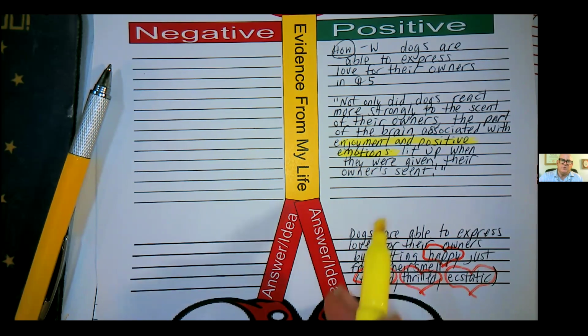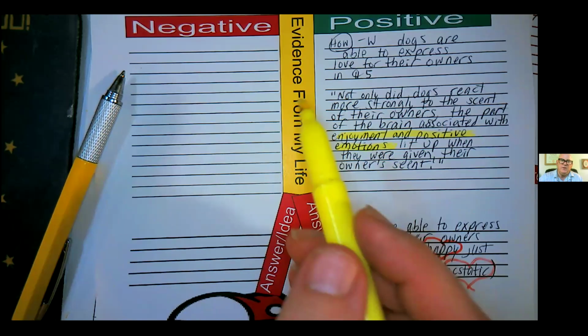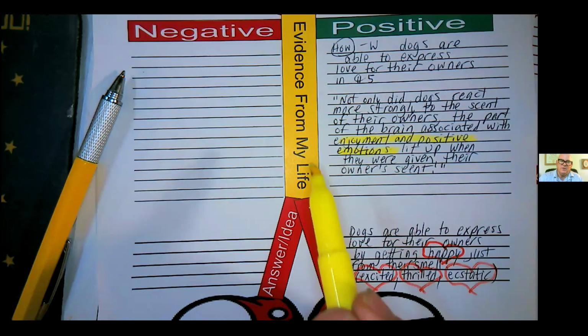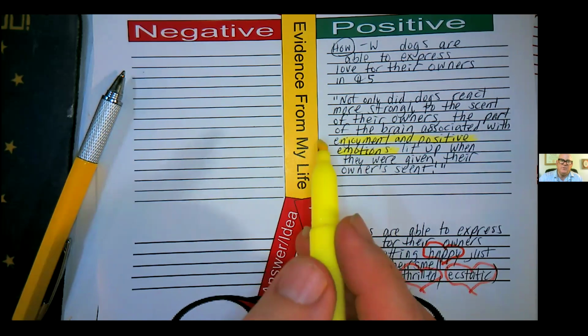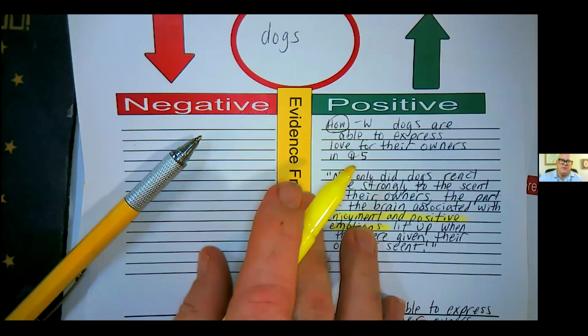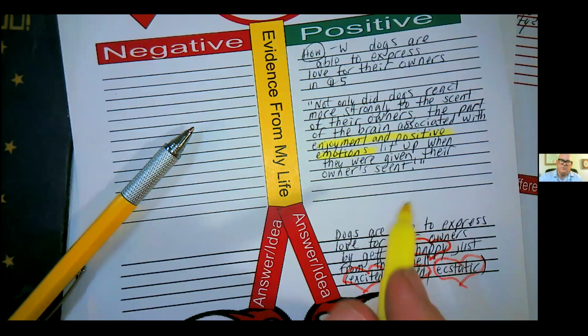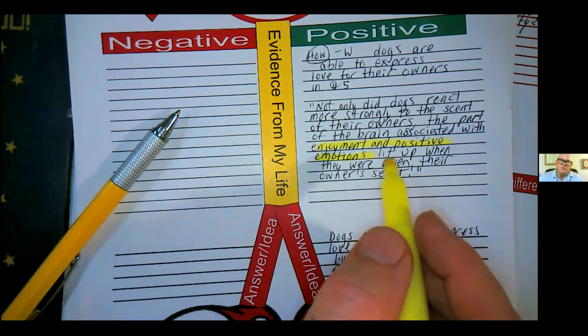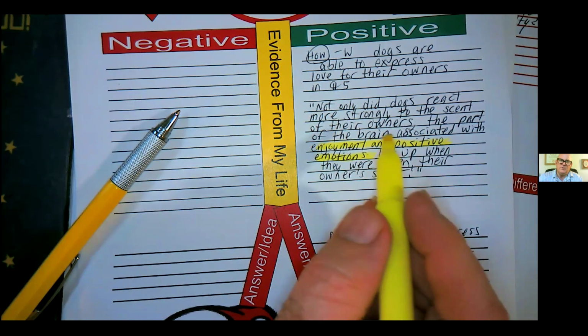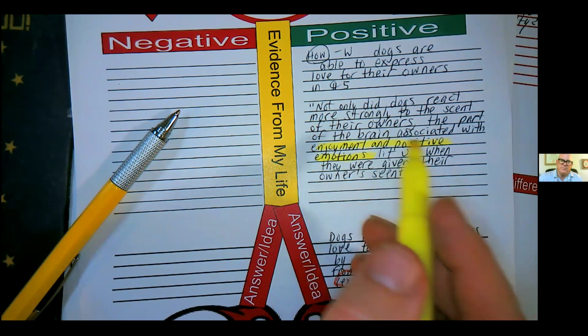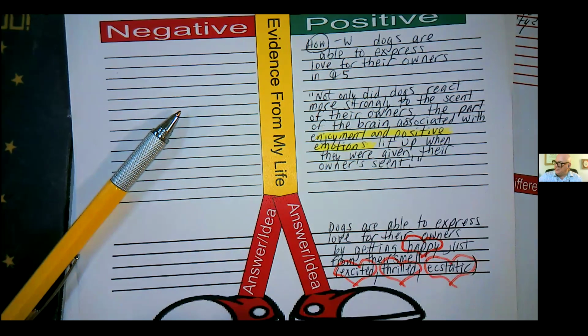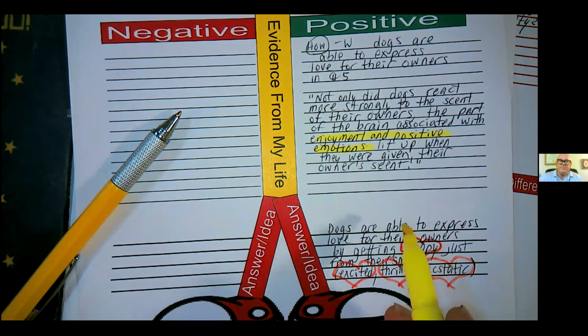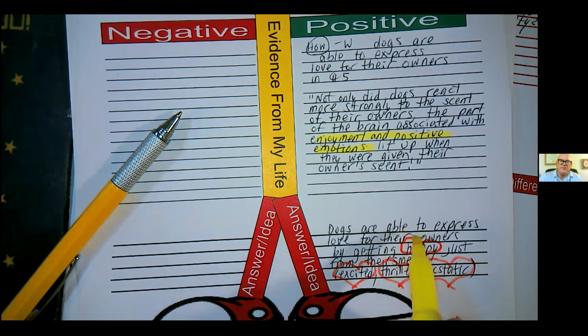Okay. So as you can see here, the evidence from my life, no, this would be in the dog's life. So you would use this evidence here. And since it's positive emotions, we would write it on this side.